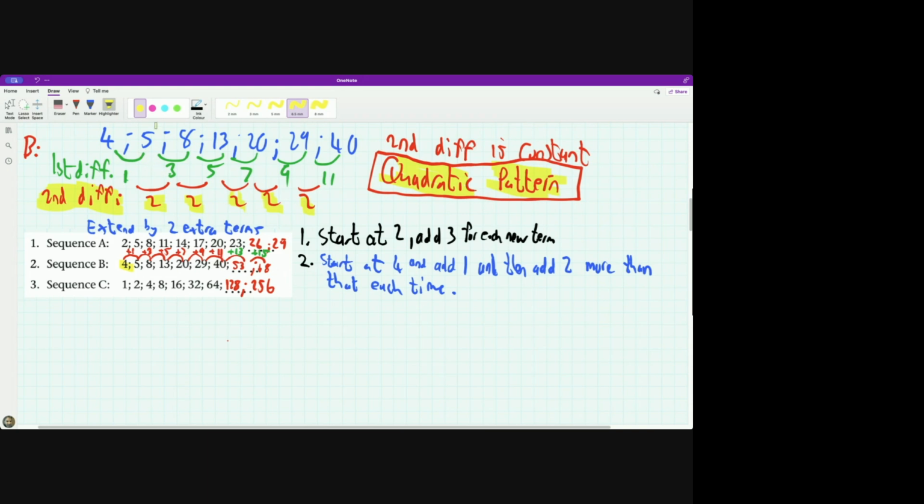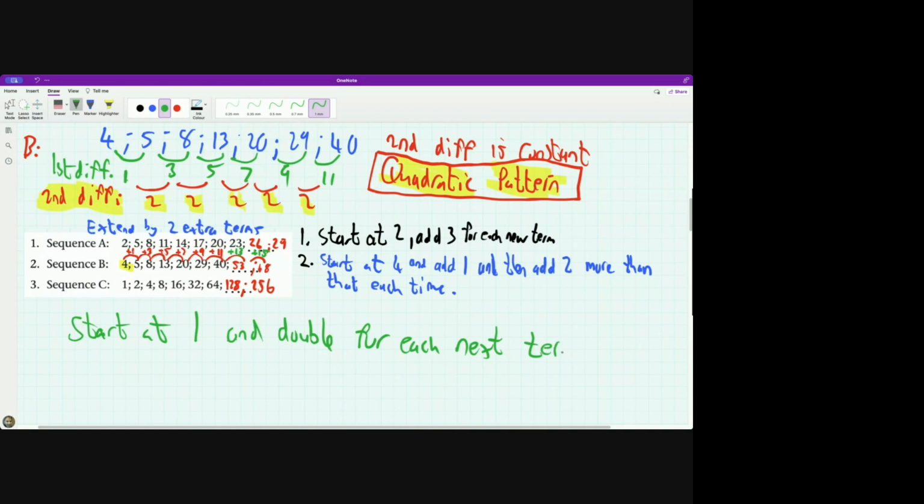Okay, now, last pattern. If I look at this one, I'm going to say start at 1 and double for each next term. All right. Now, if we think about what's happening, we're just multiplying by 2 each time.